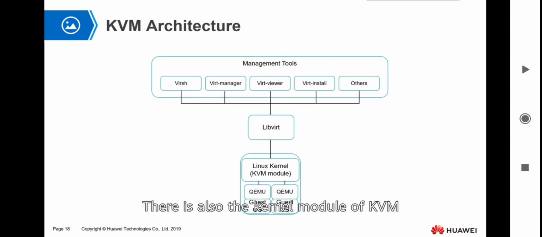There is also the kernel module of KVM, which is the core component of the entire KVM system. It can be combined to form a complete virtualized solution. The KVM kernel module is a core part of the KVM virtual machine. As we said earlier, the Israeli company developed several major products, which were actually KVM modules.